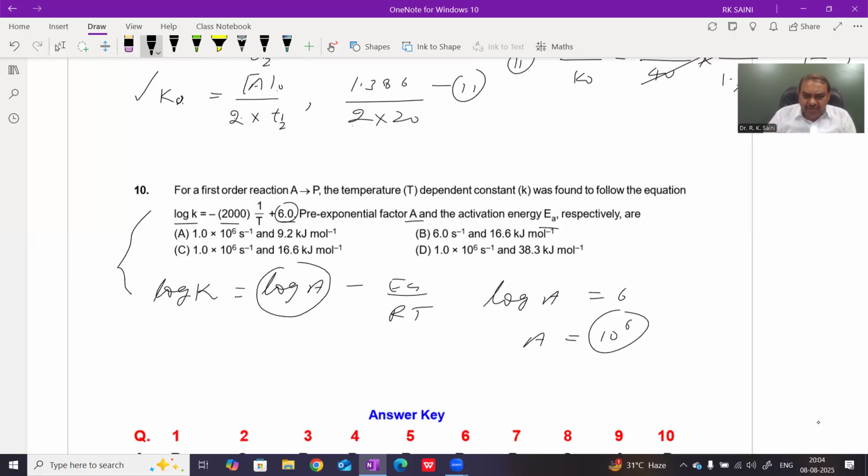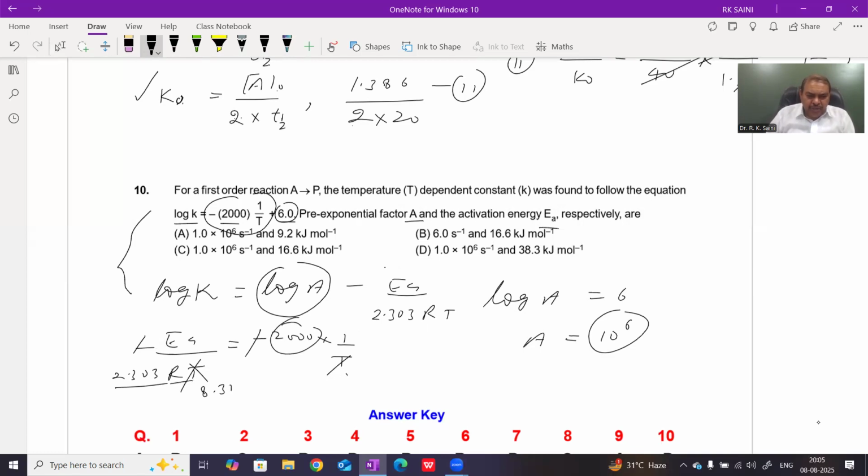And similarly, comparing with the Arrhenius equation, minus 2000 times 1 upon T equals minus Ea upon 2.303 RT. 1 upon T cancels on both sides, and the negative sign also cancels, so the given value is multiplied by 2.303 into R. R equals 8.31 joule.